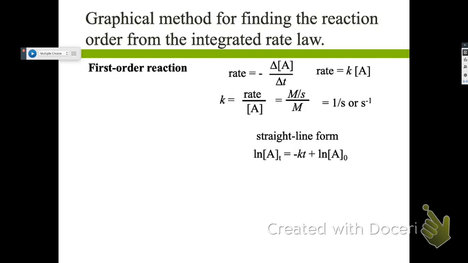This is the one that we're working on now. That's the one that we just did. T is always on the x-axis.